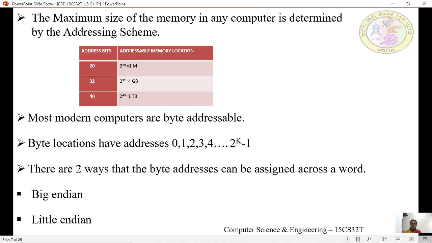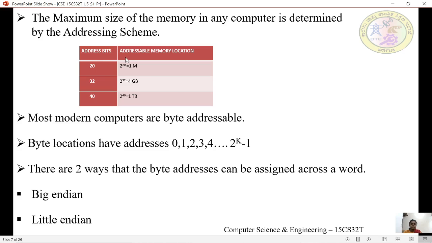Okay. The maximum size of the memory in any computer is determined by the addressing scheme. So consider a computer having a memory whose address bits are 20.